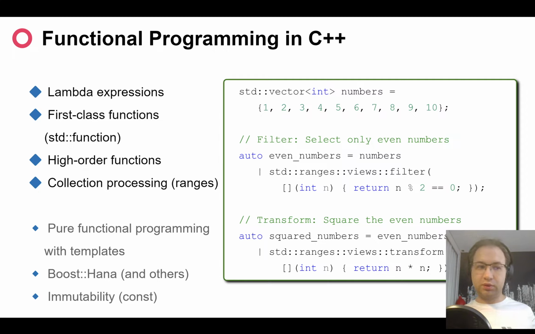Many high-level ideas embedded into ranges are also taken from Haskell. That's not my fantasy, because I personally asked Eric Niebler what was the inspiration for that, and he said yes, it was Haskell for sure.